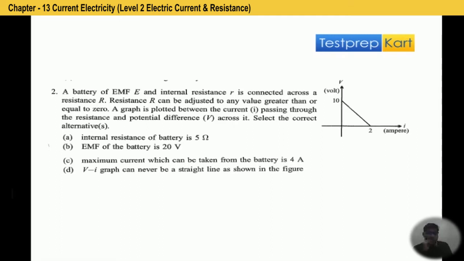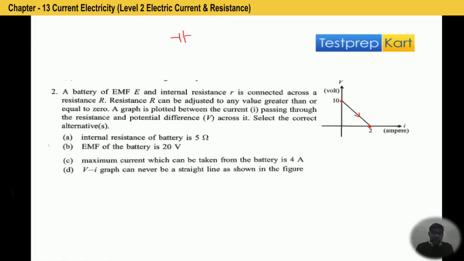Select the correct alternative. Here we can see, as current is increasing, the potential difference is decreasing, and finally it reduces to 0.